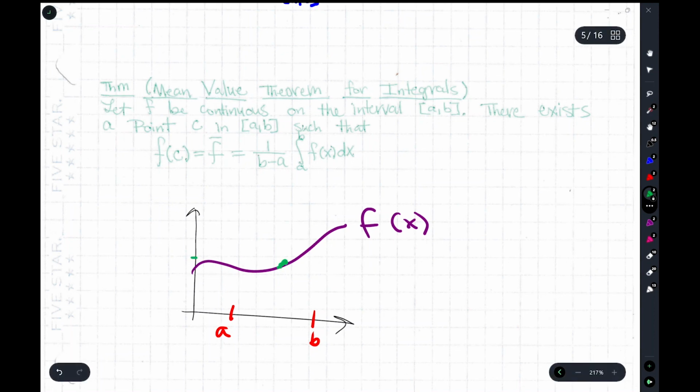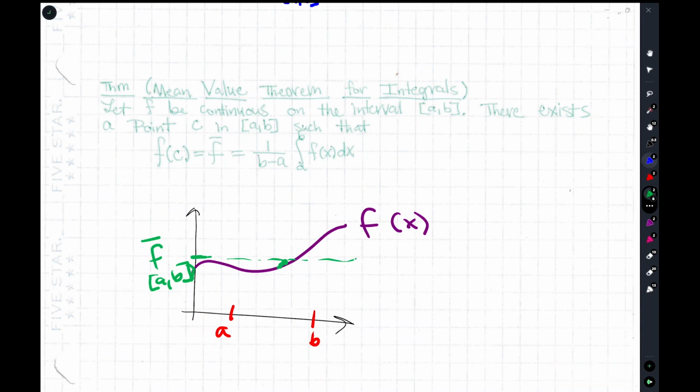If this is f bar on [a, b], that's that right there.